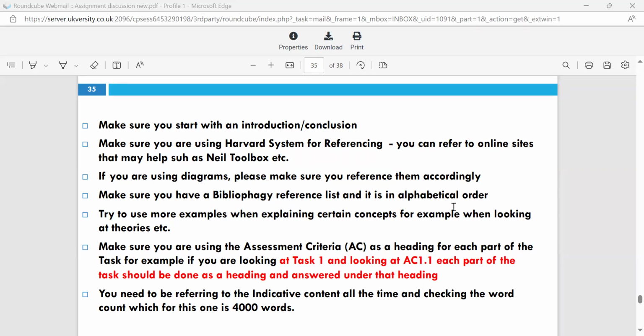Make sure you are using the assessment criteria, AC, as a heading for each part of the task. For example, if you're looking at task 1, AC 1.1, each part would be done with a heading. As I've shown you above, if you are looking at part 1 of the report, task 1, part 1, make sure it's a heading and you write the answer under the heading, okay?